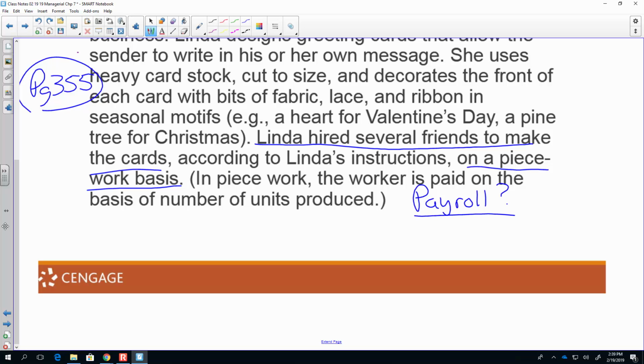What are Linda's friends to her? I guess maybe I'm not clarifying the question very well. What do we have to be concerned about when you start having friends work for you? Maybe you're not concerned. But what could be a problem here? They're considered employees.